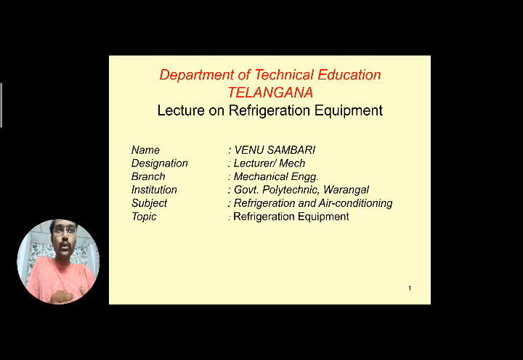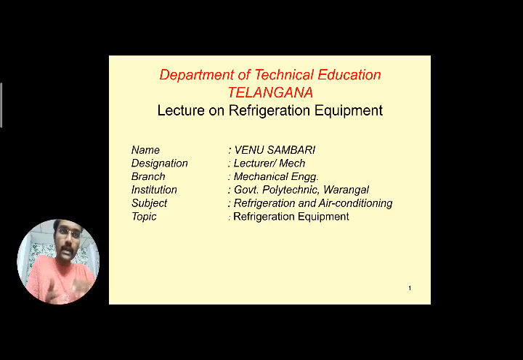move deeply into the discussion regarding the equipment which is used in refrigeration. So today's lecture will go on the refrigeration equipment. What are the main equipments which you have seen? Mostly we are concentrating on the vapor compression refrigeration system, where we have seen some main components like compressor, condenser, expansion valve, and evaporator.